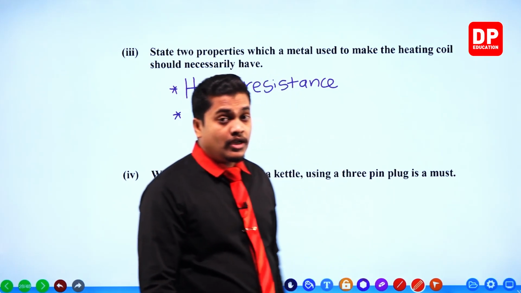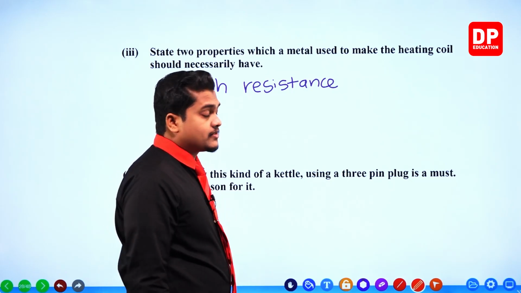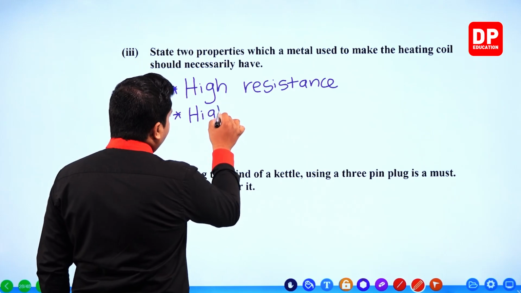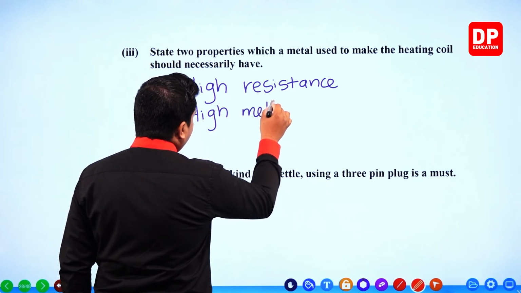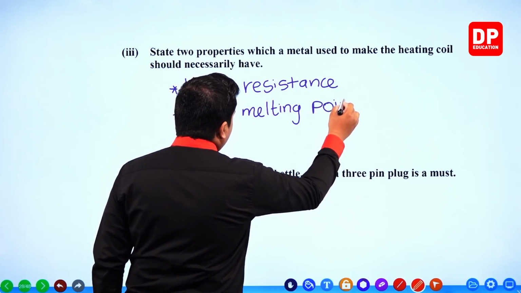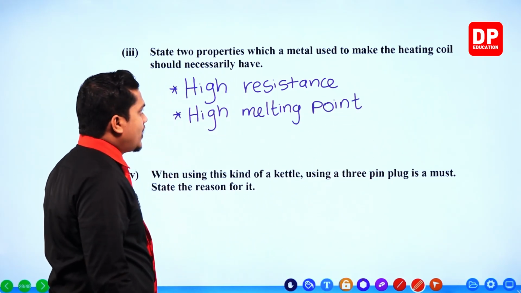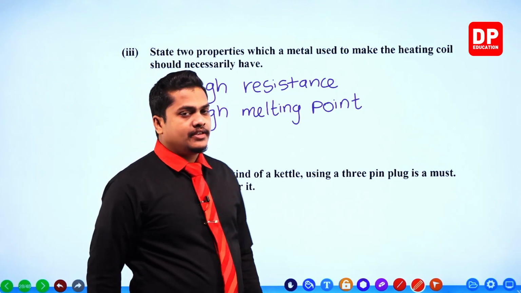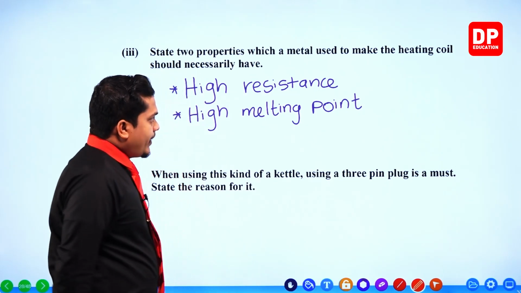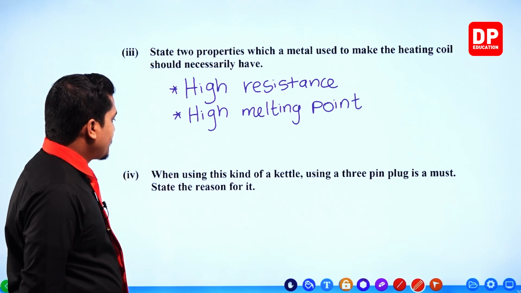So nichrome has both of these features. High melting point. So high resistance and high melting point. These are the two important features. Okay. Right. Then the next question.